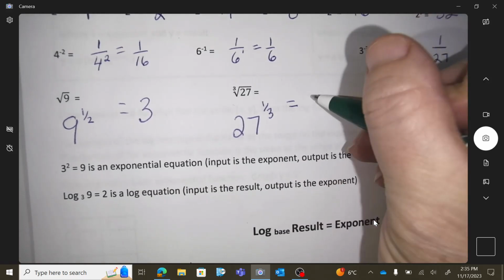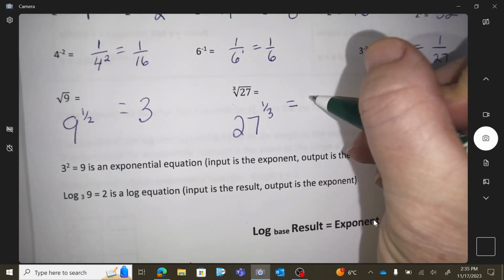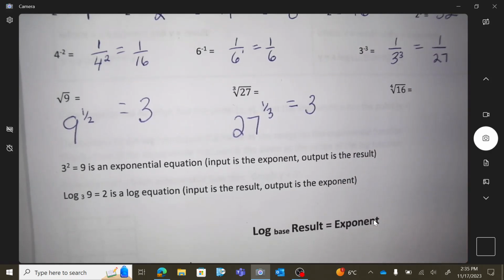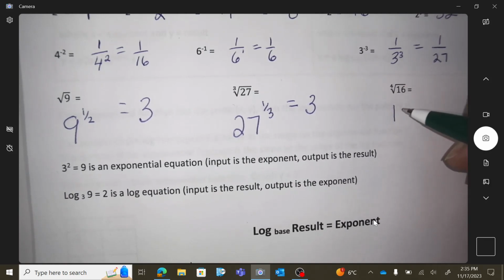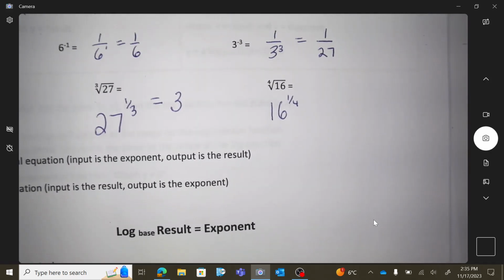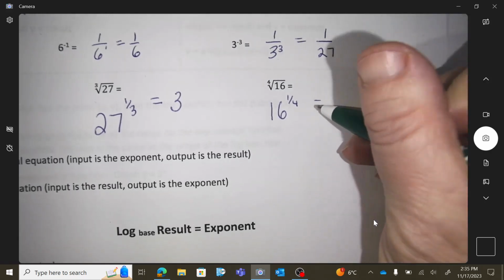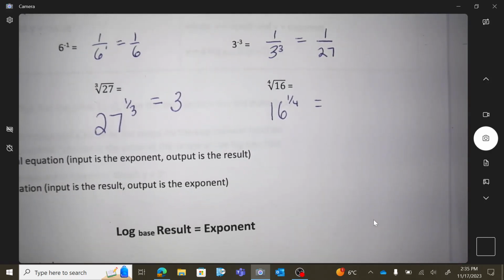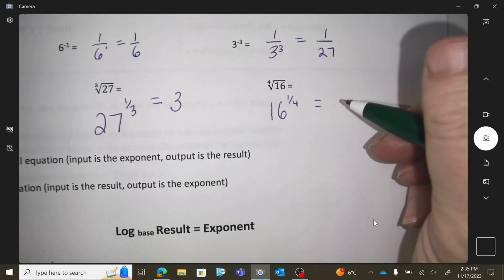So what is the cubed root of 27? 3. So this is the equivalent to this. See? So recognizing this. And do you know that one? What times what times what times what gets you to 16? 2.